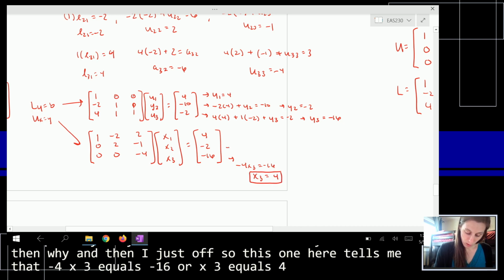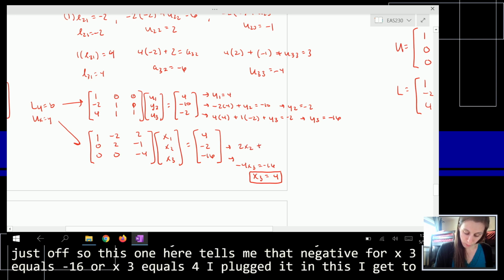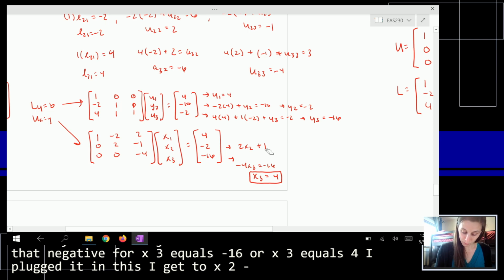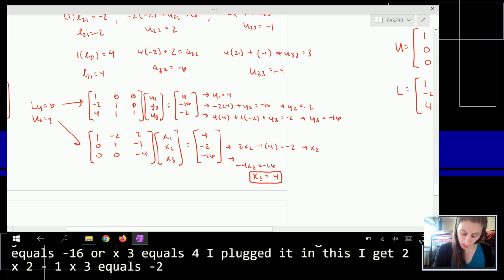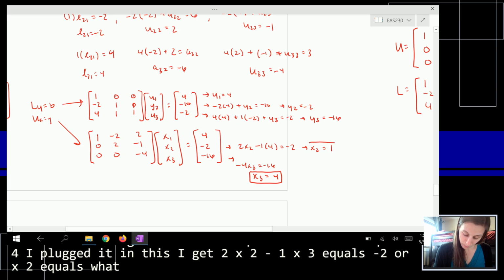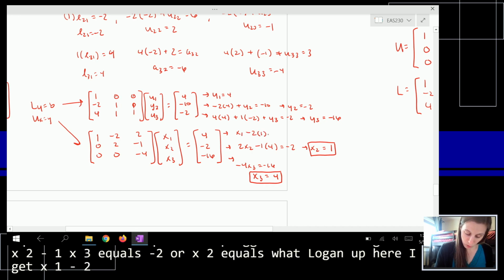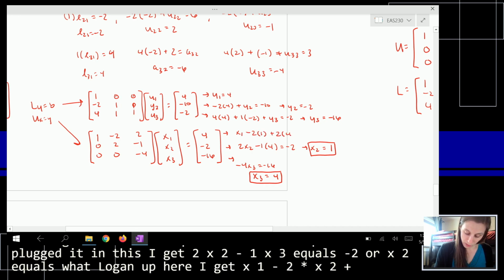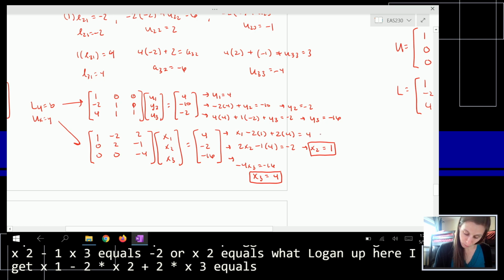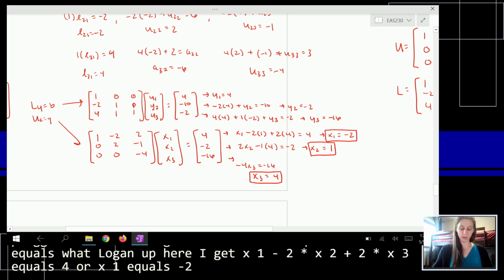Woohoo! If I plug that into this, I get 2 x2 minus 1 x3 equals -2, or x2 equals 1. Plug that in up here, I get x1 minus 2 times x2 plus 2 times x3 equals 4, or x1 equals -2. Yay!